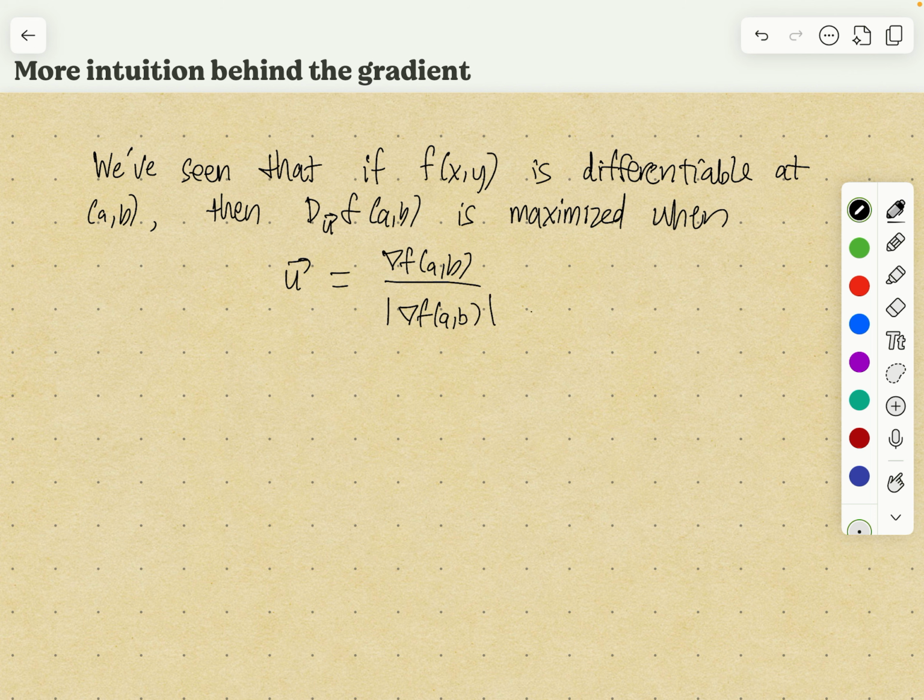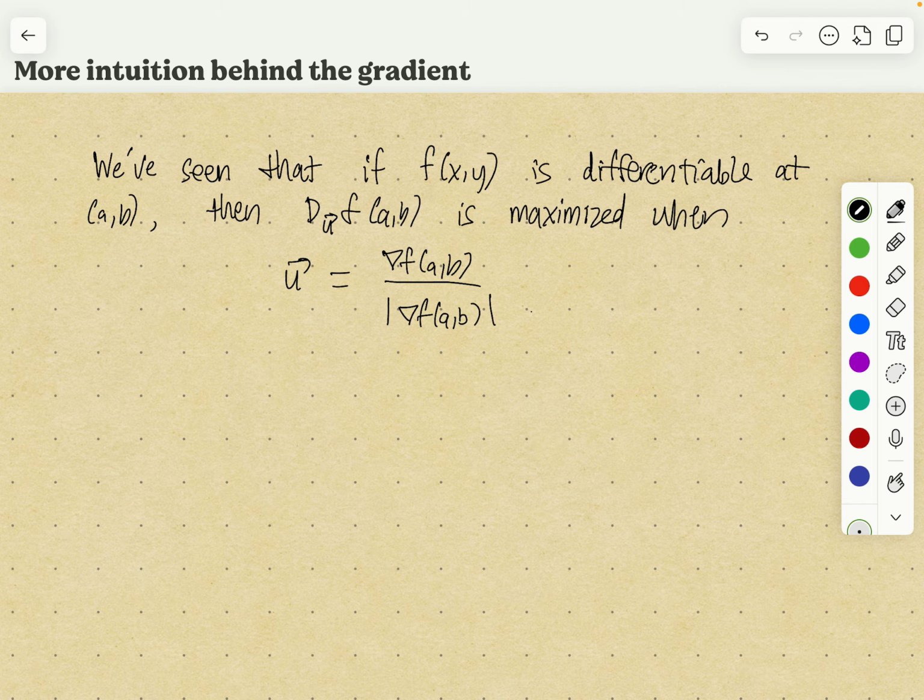And we've proven this by using the definition of differentiability. And in this video, I want to give some more intuition behind what's going on. So we know that a function is approximately given by a plane. I'm just going to call it a planar function. I don't think that's typical, but a function whose graph is a plane, right?